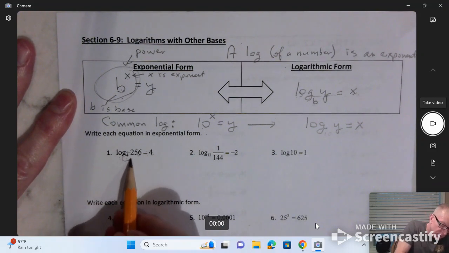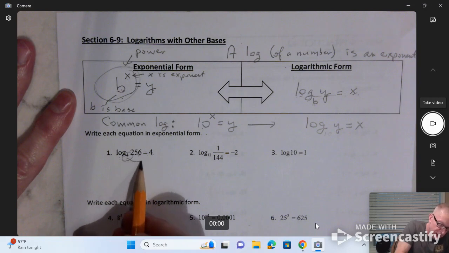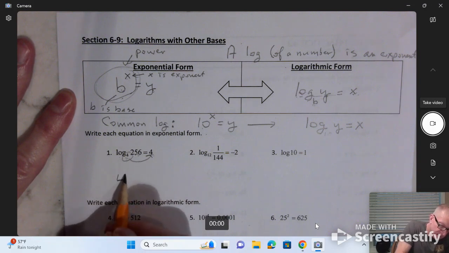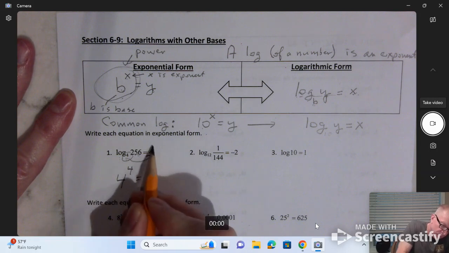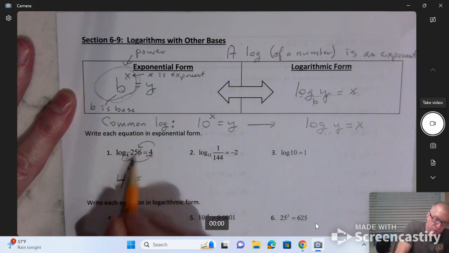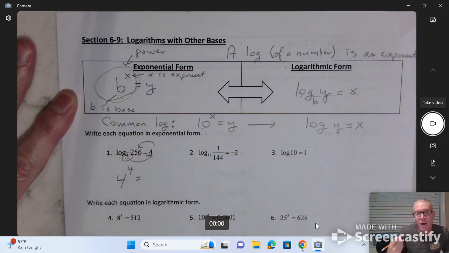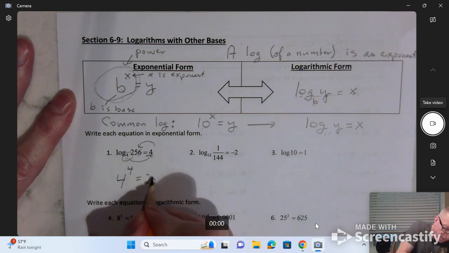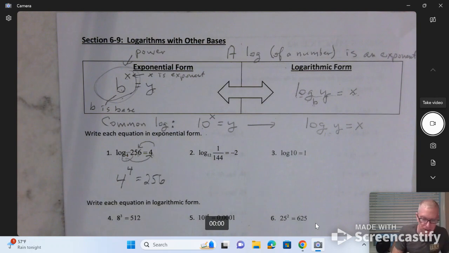So I start with the base down here, log base 4 of 256. I go over to the other side of the equation because the log of the number is the exponent. So this base raised to this exponent is equal to this thing, which we could call the answer or the argument of our log expression, equals 256.